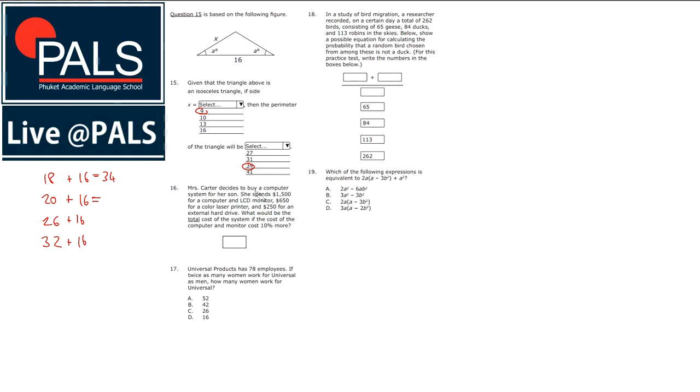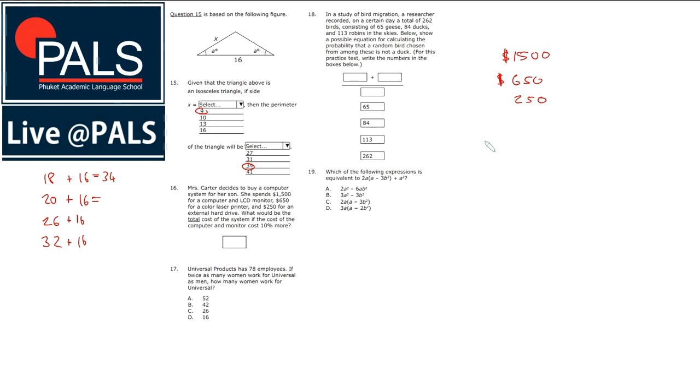Mrs. Carter decides to buy a computer system for her son. She spent $1,500 for a computer and LCD monitor, $650 for a color laser printer, $250 for an external hard drive.